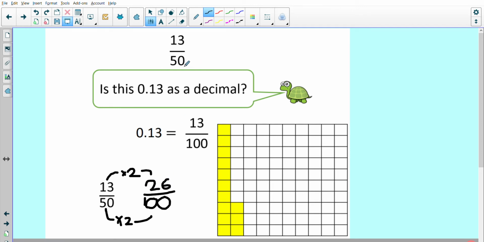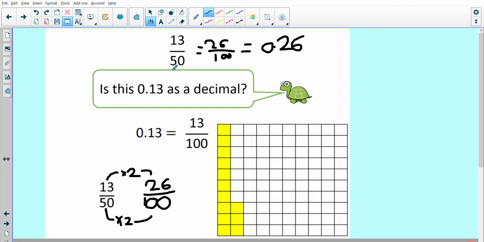So 13 50ths is equal to 26 hundredths, which is also equal to 0.26. It is not equal to 0.13. So sorry, no, the tortoise is wrong. 13 50ths is the same as 26 hundredths, which is the same as 0.26.